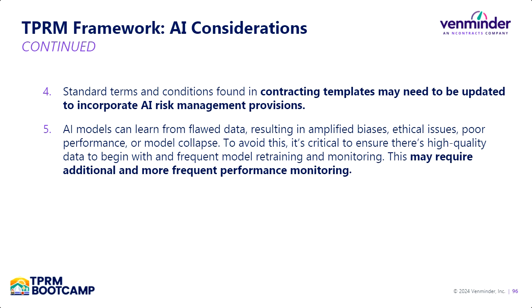Meaning the problems get bigger and they keep getting bigger. It's important to ensure that there's high quality data to begin with, so who's testing and reviewing that data, and that there's frequent model retraining and monitoring. So this might mean that for products and services that have AI risk, you're going to have a shorter interval between performance reviews and risk monitoring.